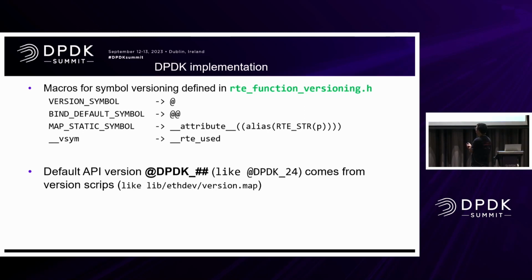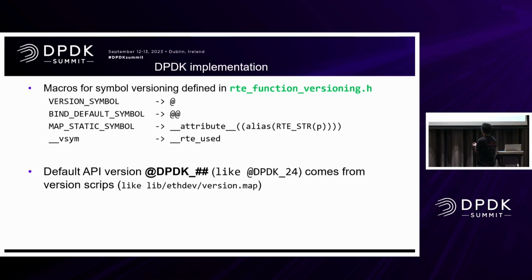This is just a cast to the used attribute. It makes sure the compiler, which may think the symbol is not used and compile it out, keeps it, because we are saying that API is required. In DPDK, each API has @DPDK_ and the ABI release information.